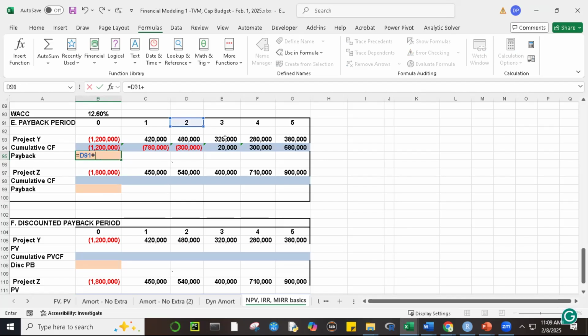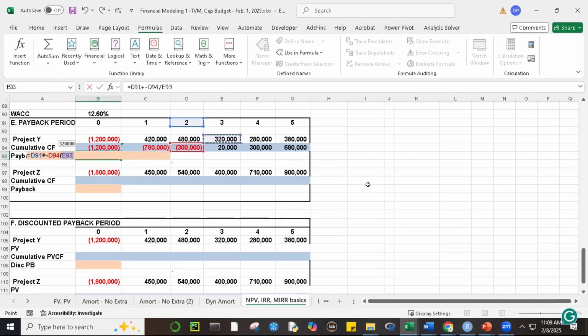And on year 3, how much are we getting? We're getting 320. So we're just going to get the proportion. This is negative, so I'm making it positive, negative 300 to make it positive, and then divide it by the amount of cash flow we're going to get on year 3. So this becomes positive 300 over 320.